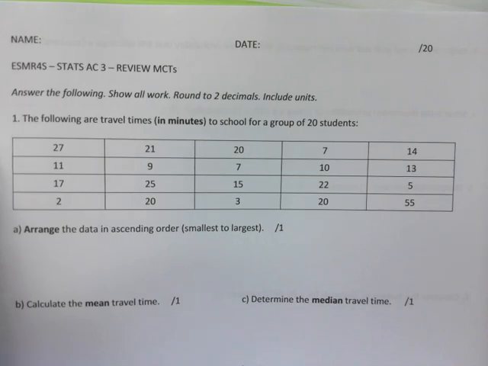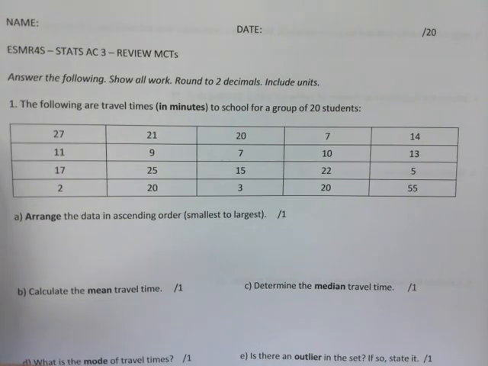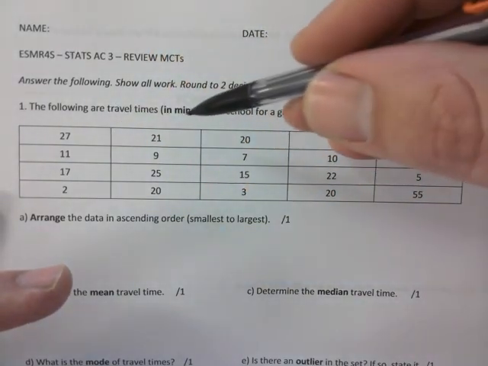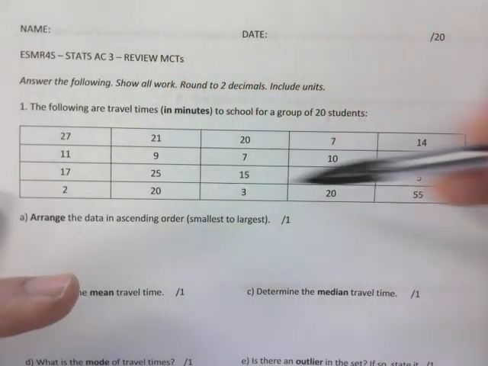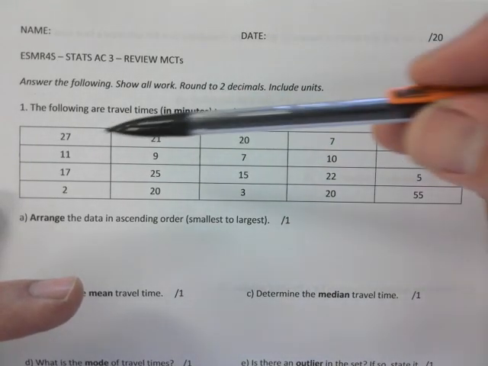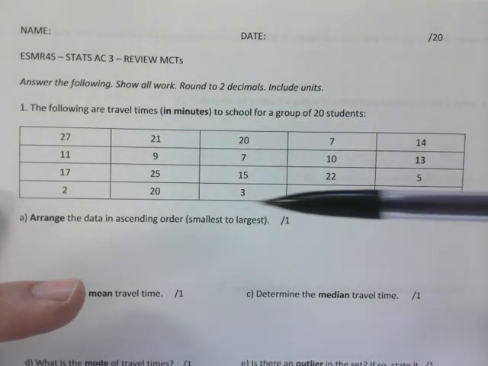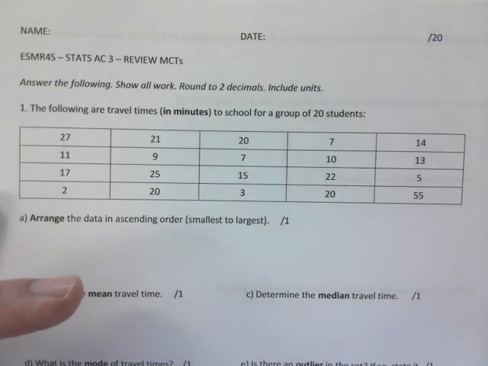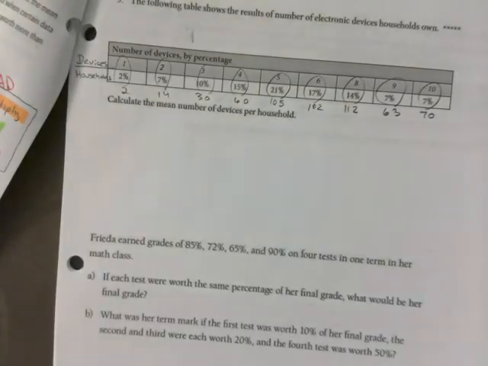Is that a weighted mean situation? How do you know for sure? No headings with a category or anything. You don't have a row where it says these are devices and this is something else. You just have a bunch of values. Then it's back to the same old, just add them all up individually and then divide by however many you have in there. It's just a regular mean situation, arithmetic mean. So keep that in mind.